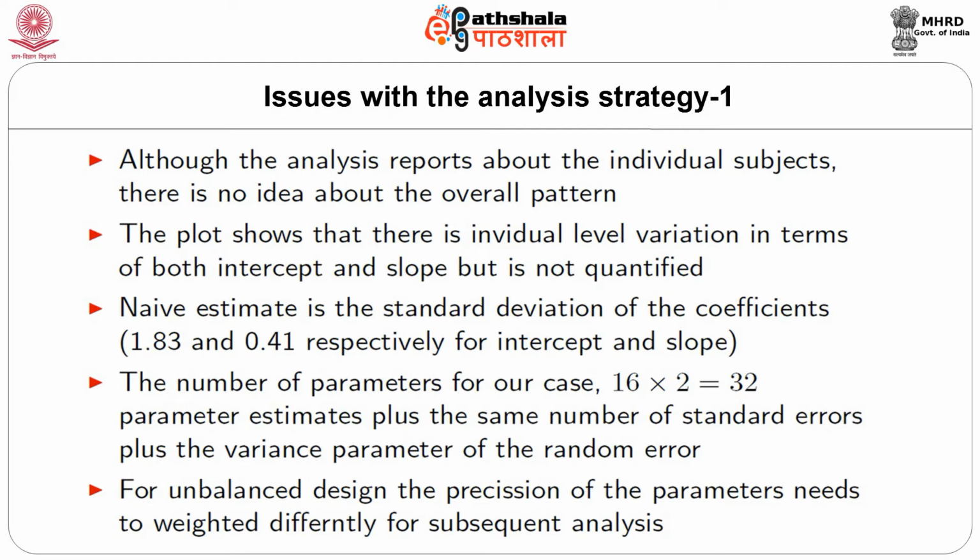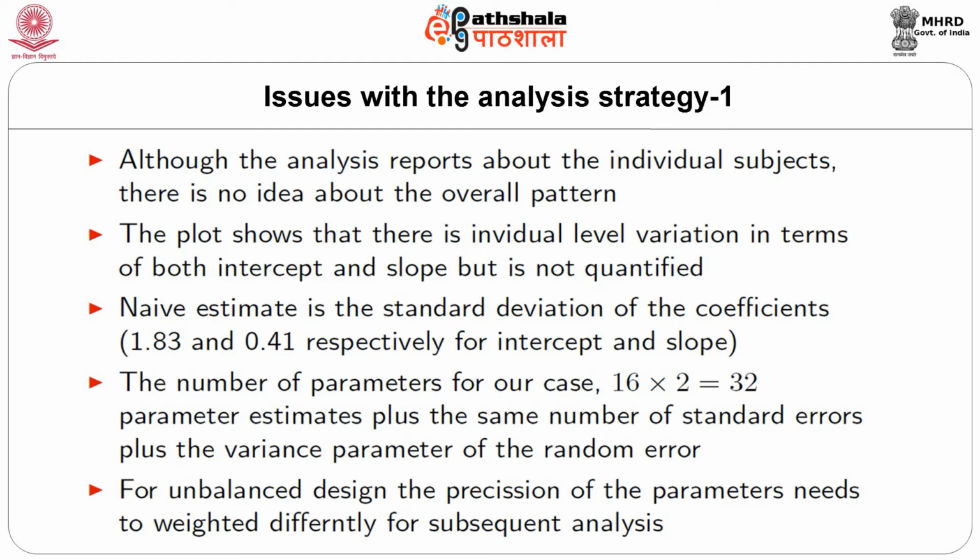Plus, for all these 32, we have the same number of standard errors as well as one variance parameter of the random error. So, ignoring the variance parameter also, we are calculating at least 32 regression parameters for unbalanced design.